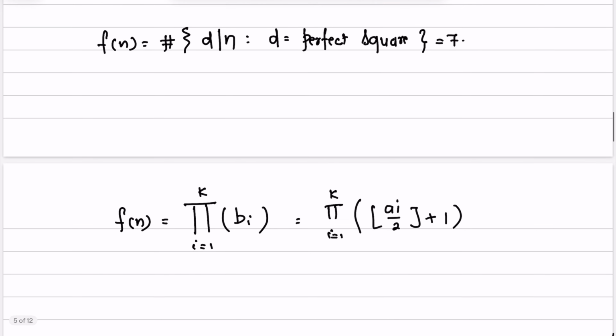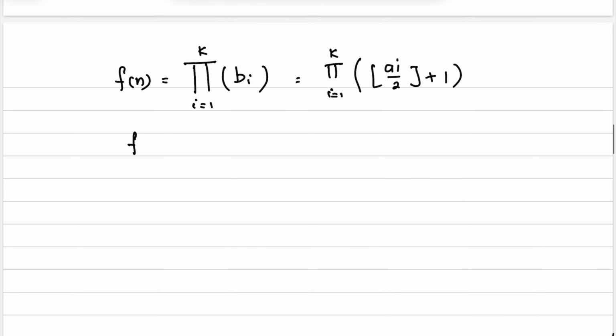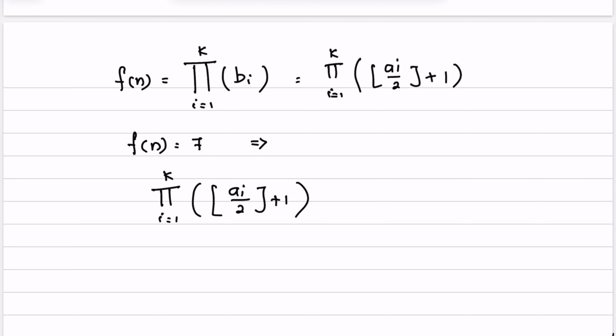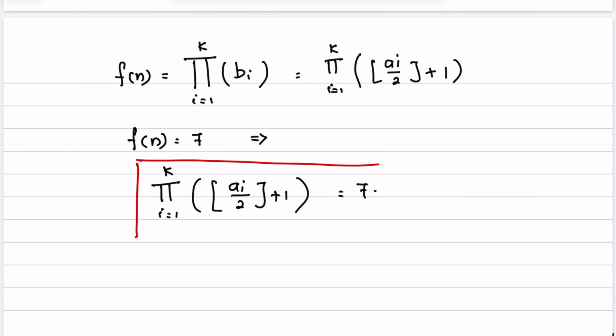Now, we have been given the value of Fn as 7. That implies the product of i is equal to 1 to k of greatest integer ai by 2 plus 1 is equal to 7. This is the condition that should be fulfilled, and we have to solve for n here.